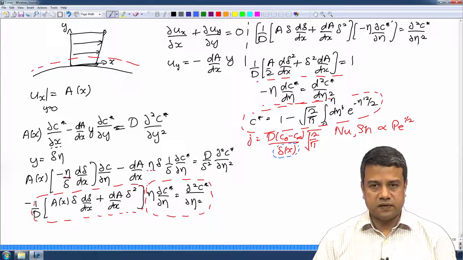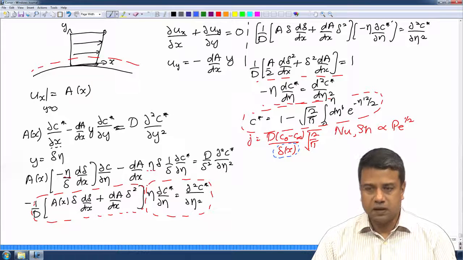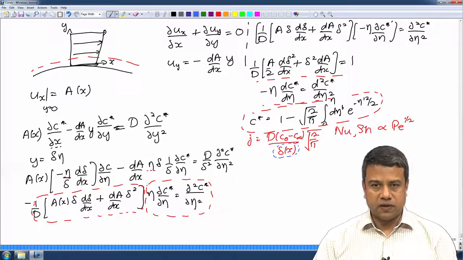In this case, both have to scale as Peclet number to the 1/2 power, because the boundary layer thickness scales as Peclet number to the -1/2 power. So, that is the summary of boundary layer theory for flows past objects or flows through pipes, channels, flow of falling films and so on.